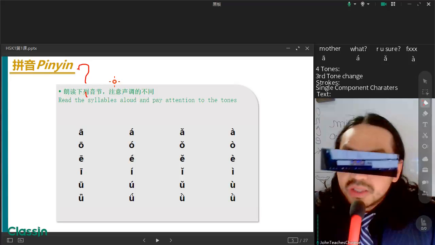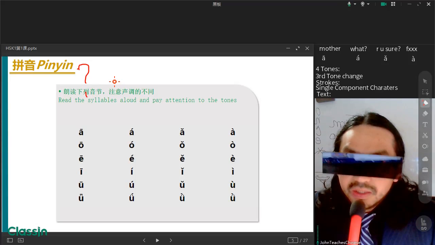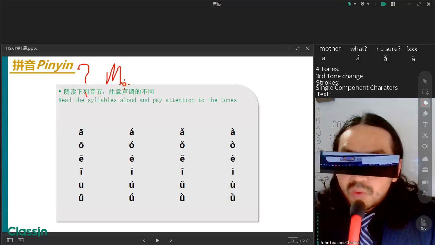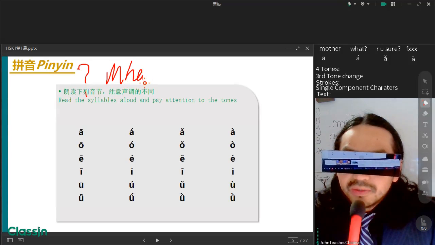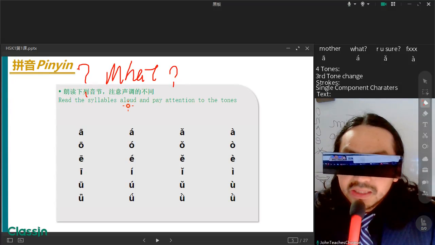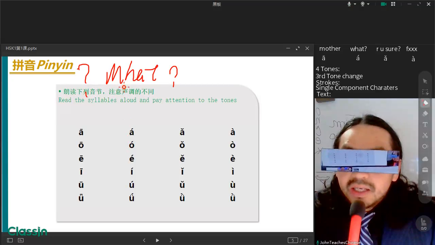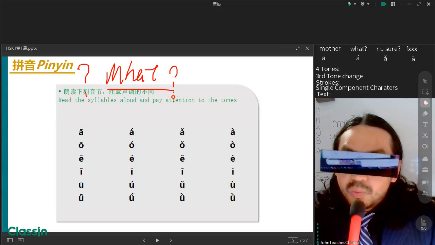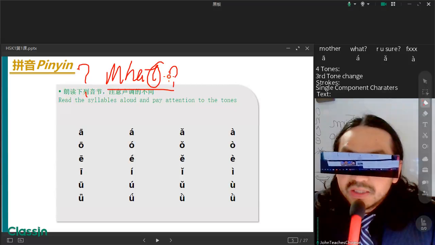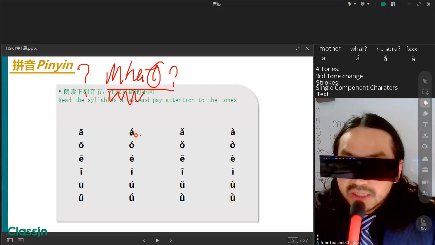When somebody does something very confusing, you are going to ask him, what? When you say this what, remove the t. It's just the feeling of how you should apply it when you are reading the Chinese second tone.